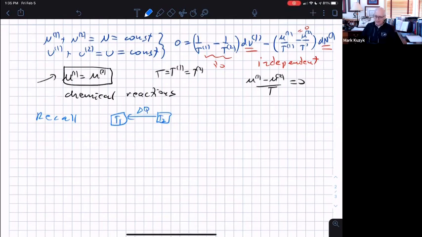To determine which way that heat will flow, we can calculate dS. Let's say that dS looks like 1 over T1 minus 1 over T2 dQ, okay?